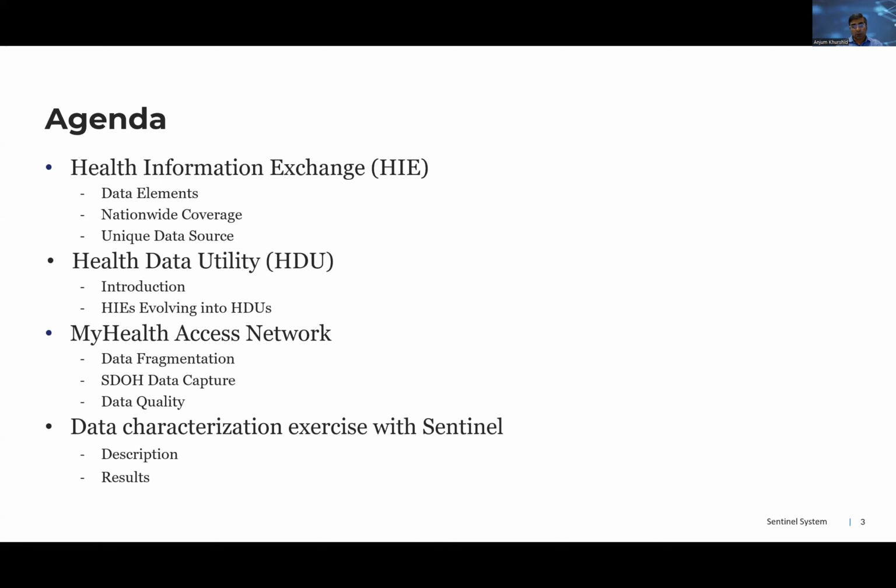We will then explore their evolving role as health data utilities, and then move from the conceptual to the real-world setting, where Dr. Kendrick will further demonstrate with data from the HDU that he has established over many years, the opportunity that we have in building a better infrastructure for health data. And then we'll also talk briefly about an exploratory study to translate this potential into the kind of questions that FDA or other pharmacoepi researchers might be interested in.